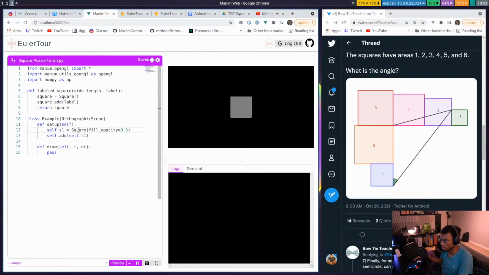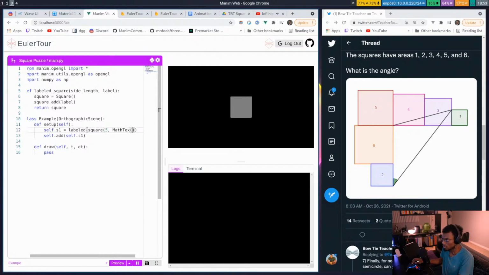And then this way, S1 I can have, hopefully, just labeled square. And I'll say like 5, like Math Tech 5. Okay.